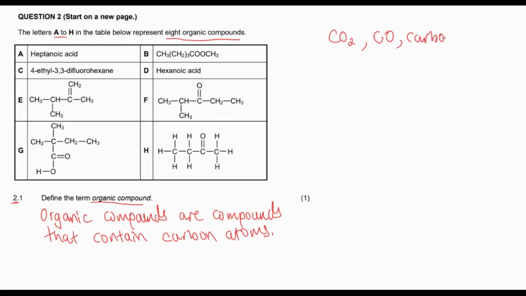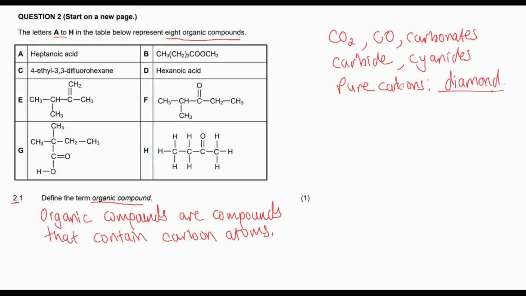All these are not organic, but they contain carbon. We have carbides, we have cyanides. We also have pure carbons, like the diamond. This is a pure carbon, it's not considered to be organic. We also have graphite. Please take note of that.